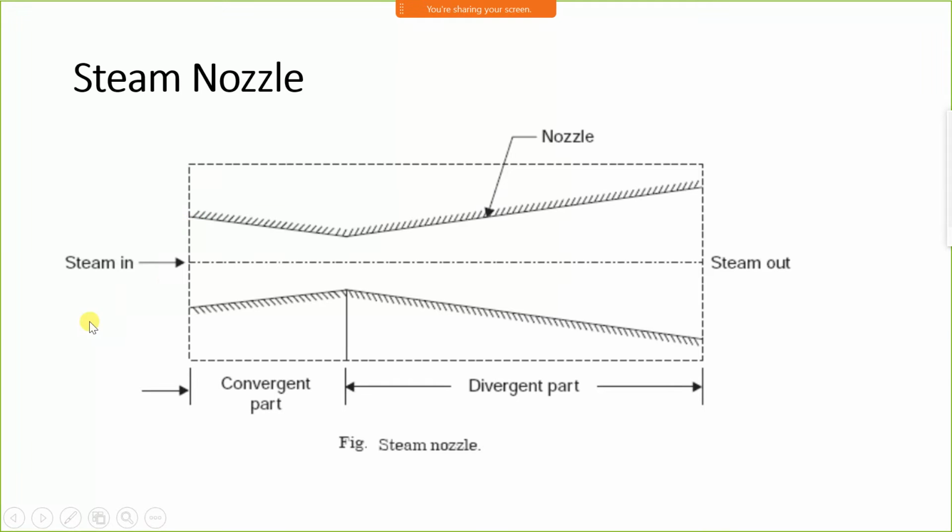It means the temperature of steam is very high. When the hot steam passes through the steam nozzle, it carries thermal energy, which means high temperature. When the steam passes through the nozzle, thermal energy is converted into kinetic energy.